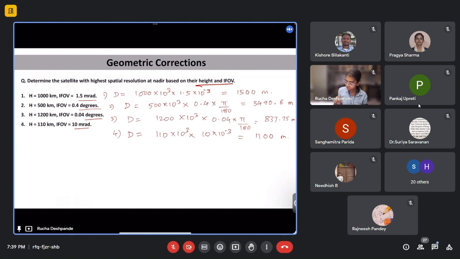All right, so yeah, this satellite will have the highest spatial resolution. So even if the elevations are different, based on the IFOVs, the spatial resolution can vary.